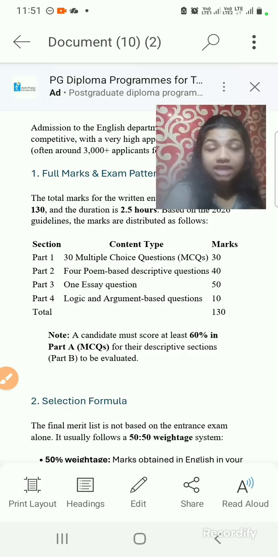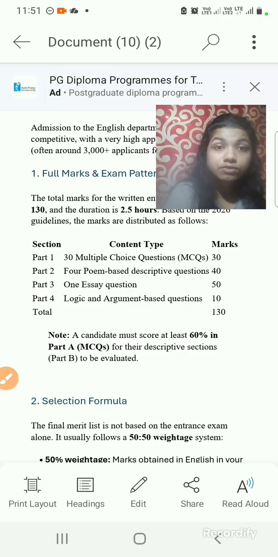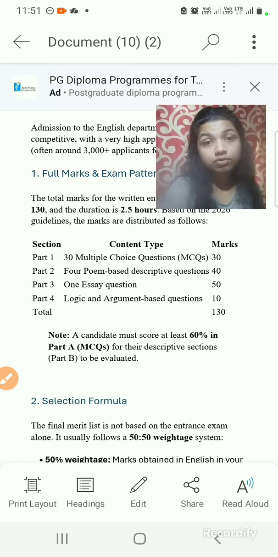So that knowledge will make you different from those who do not have it. Those who are just focusing their time on memorizing, however much they do, still won't be able to qualify because it's not a memory test.